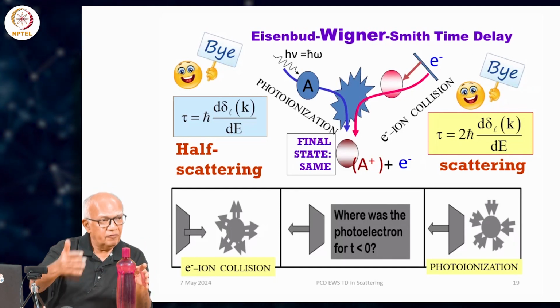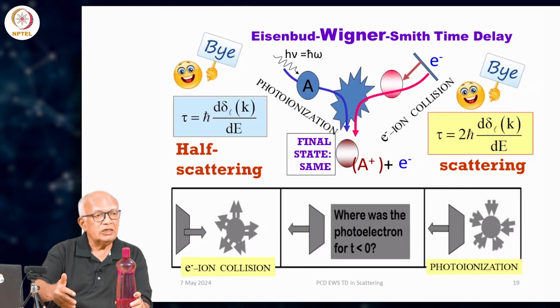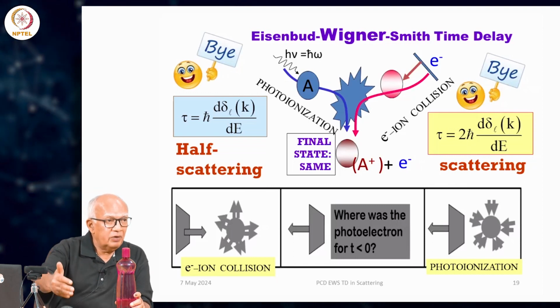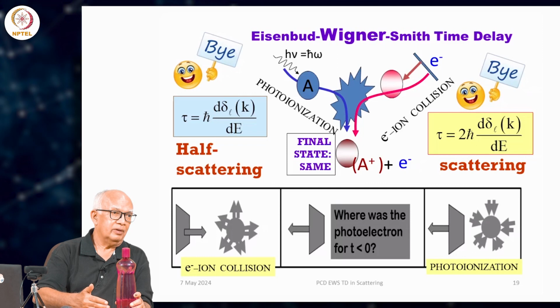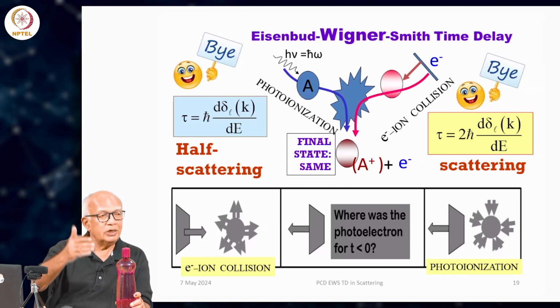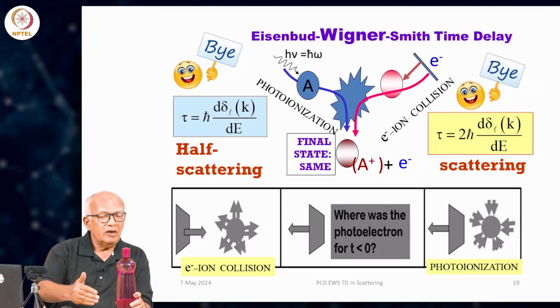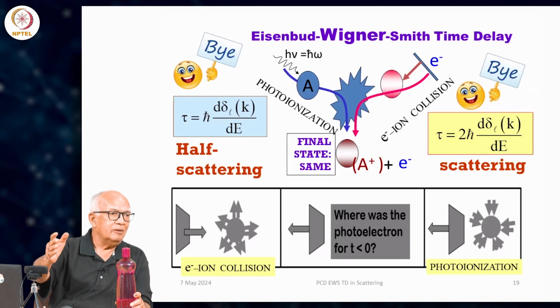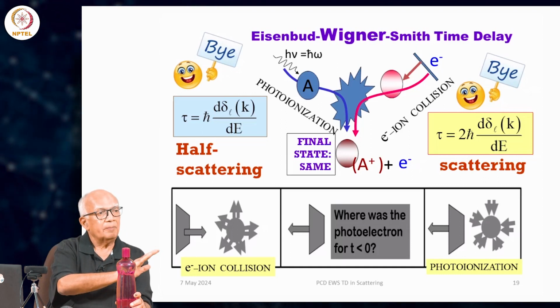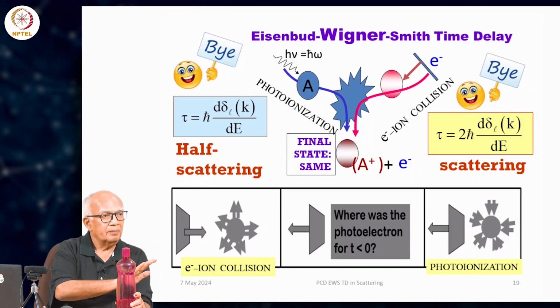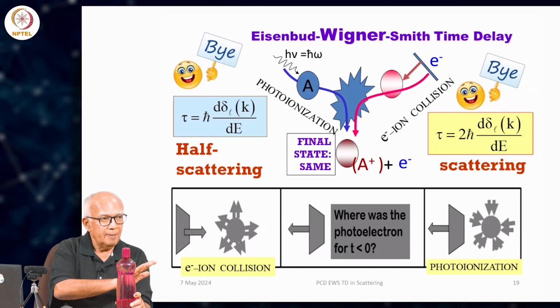So it is with reference to when you expect the unscattered wave to arrive. It is the time at which you expect a train to arrive if nothing happens in between and it just comes as scheduled. Yeah? Okay.